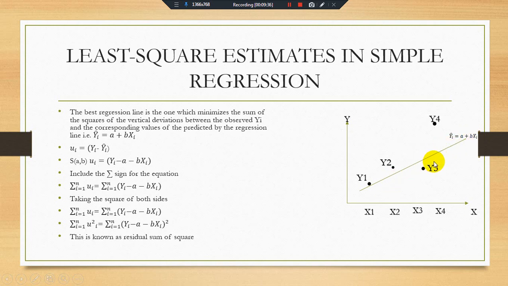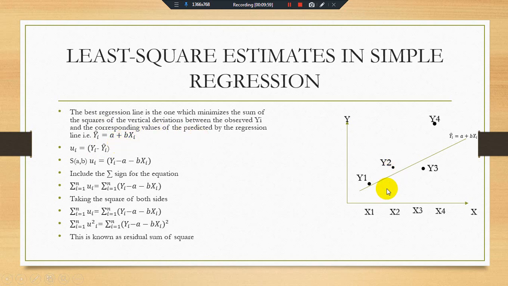So this is our estimated line. Here we have 4 values, 1, 2, 3, 4, and 3 are very close to the straight line. This says that we can use regression analysis for this particular model.